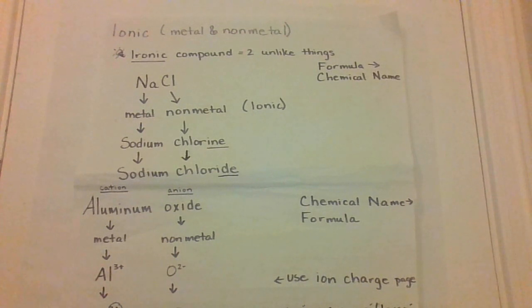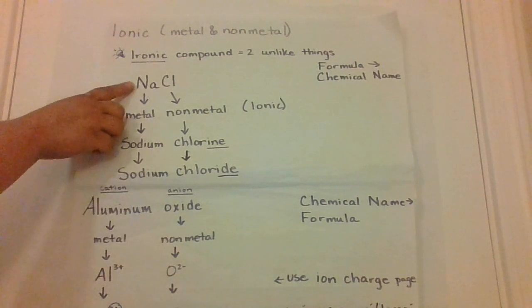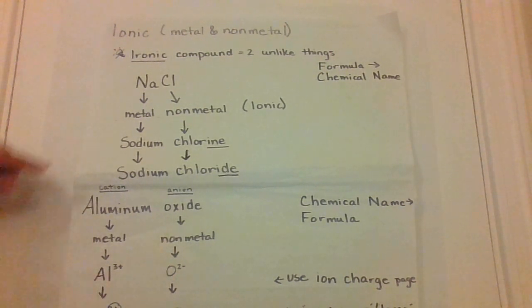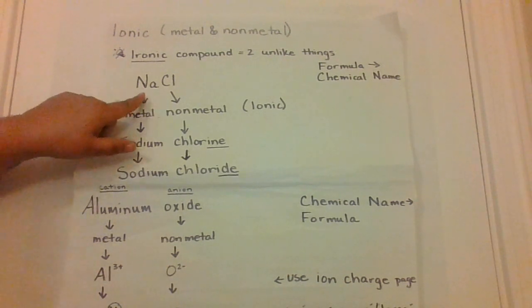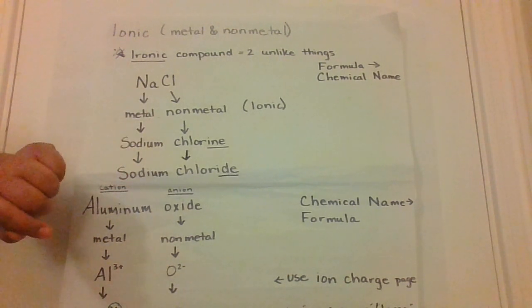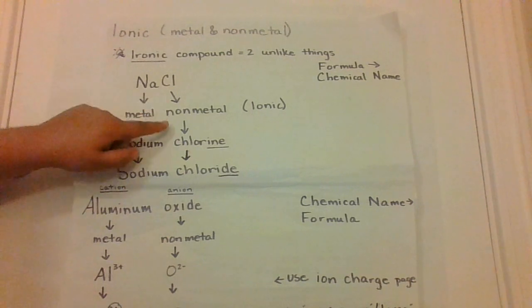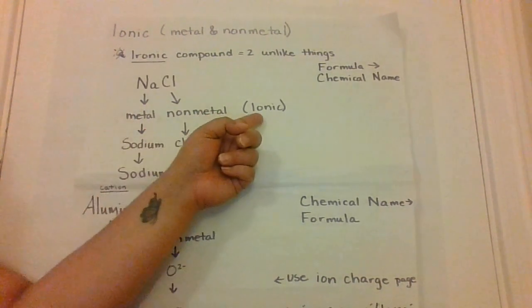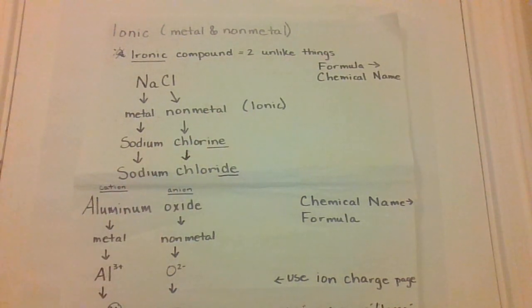And if you think about it, ionic compounds are ironic because we are combining two unlike things. Here we're going to go from formula to chemical name. If we look at our periodic table, we're able to see that sodium is a metal and chlorine is a nonmetal. So in doing this, we were able to determine that the compound is ionic.